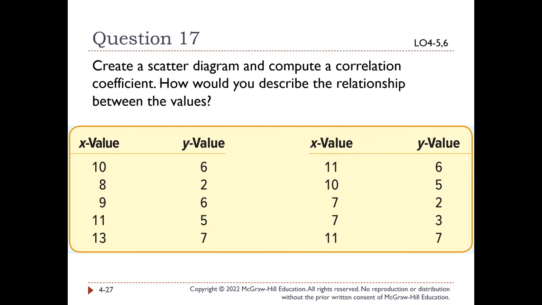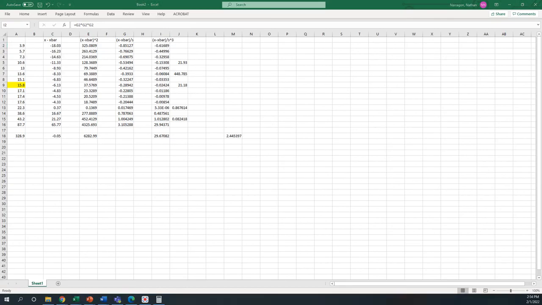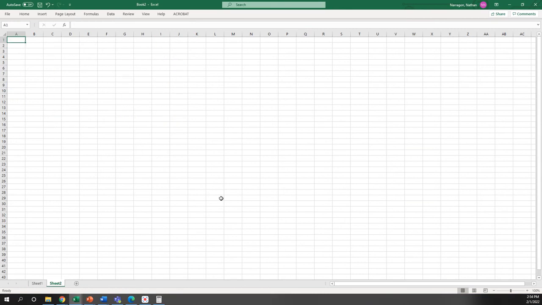Alright. This one is create a scatter diagram and compute a correlation coefficient. How would you describe the relationship between these two values? Okay. So we got X, Y, X, Y. Then we have Excel. A lot of X's.